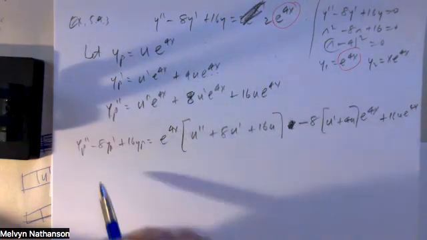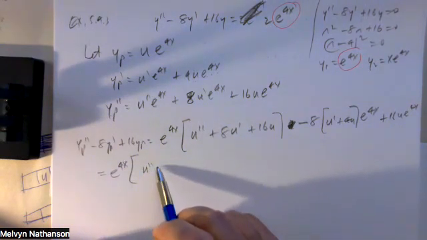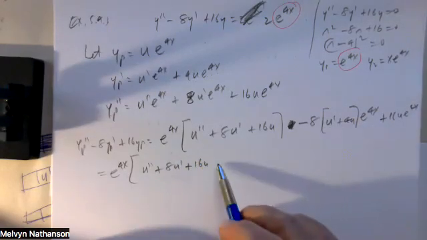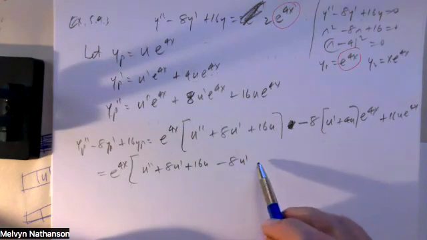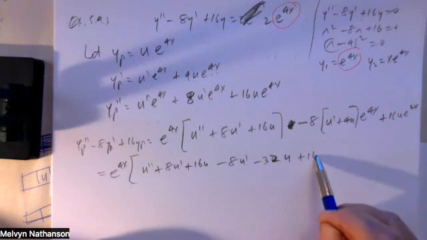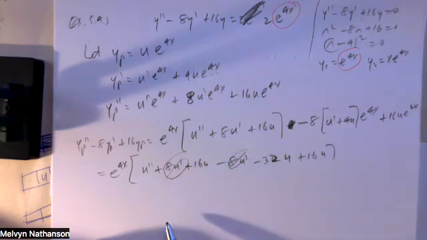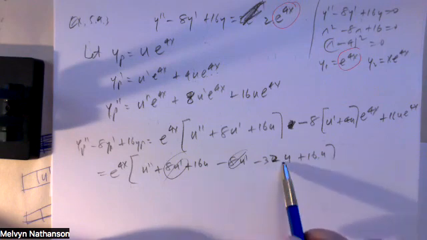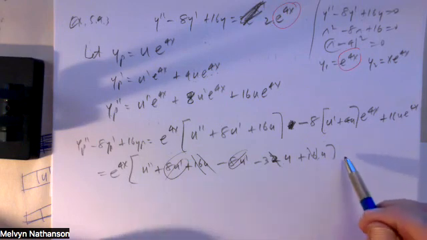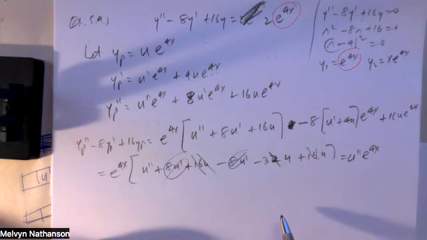So I have e^(4x) in all of these terms. That's e^(4x) times (u'' + 8u' + 16u - 8u' - 32u + 16u). So the 8u' terms cancel, and 16 plus 16 minus 32 is 0. That cancels, so I just get something very simple, u''e^(4x).